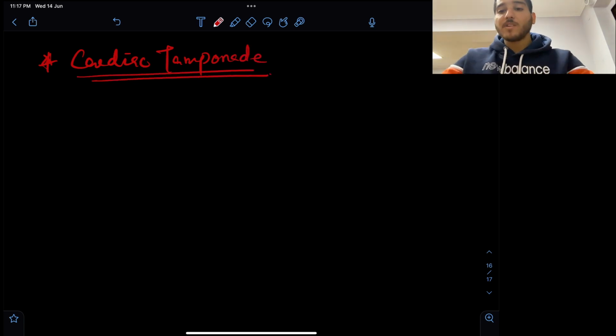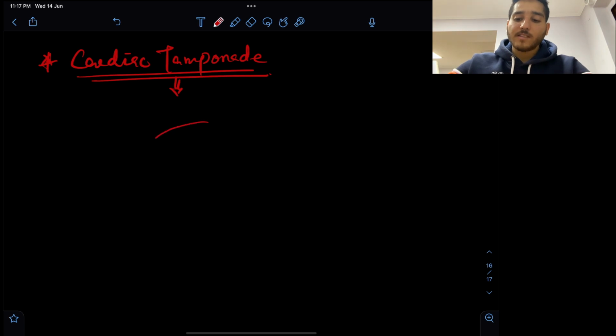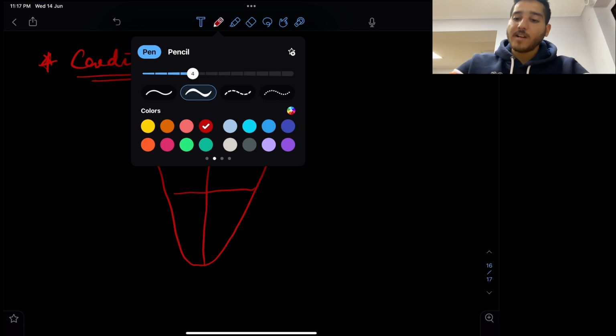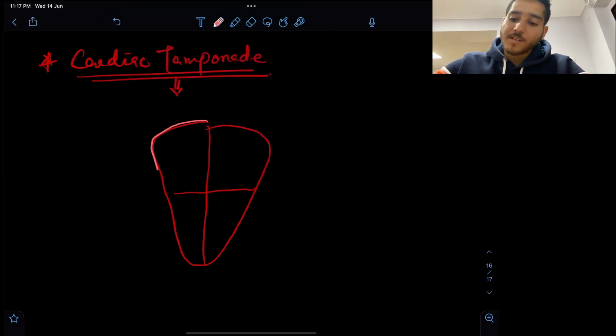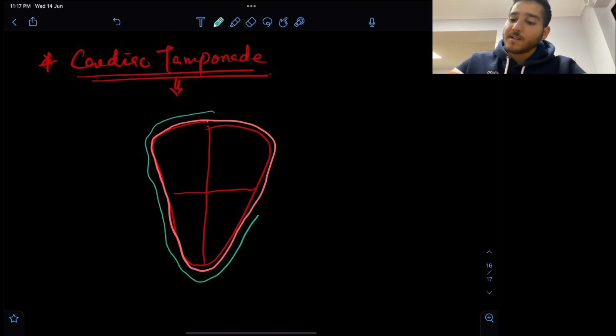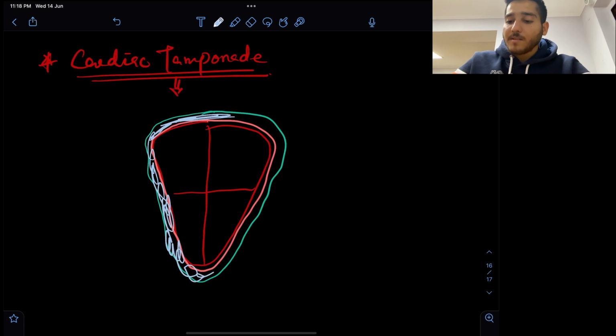Okay. So in cardiac tamponade, see, this is the normal heart, and around the heart we have the visceral pericardium, which is covering the heart, and there's the parietal pericardium, right? So normally we have pericardial fluid between the visceral and parietal pericardium. This is to protect the heart from shocks, like outside trauma.